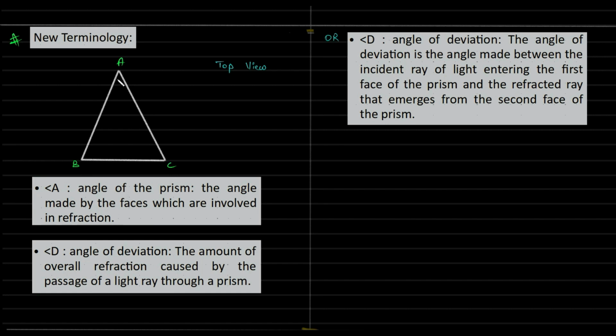Then the angle of prism will be angle A. If it fell say on AC and it came out through BC, then the angle of prism would have been angle C. Okay, so let me make it as PQR actually, that will be more convenient. PQR. So angle R is your angle of the prism. It depends on where the ray goes in and comes out.